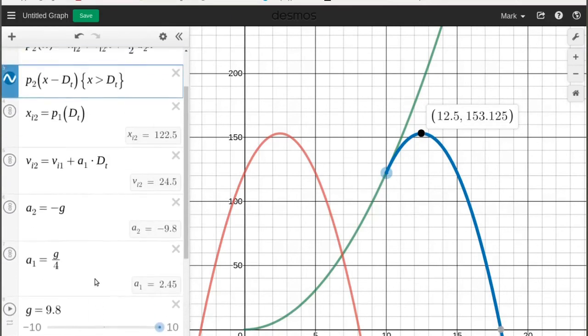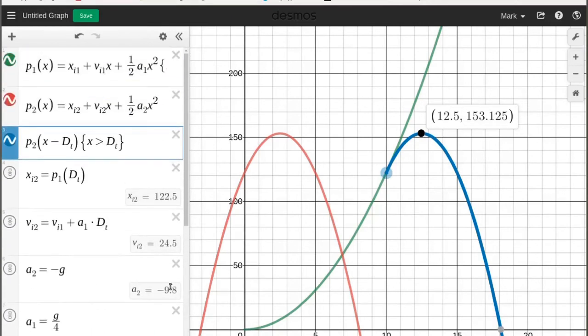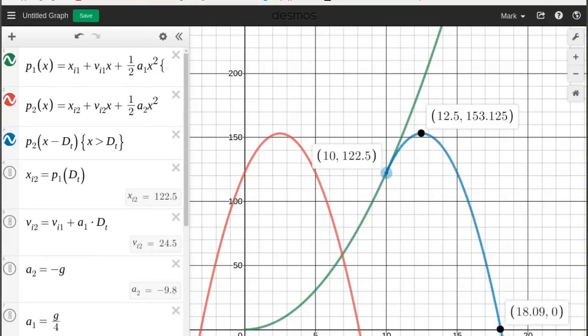So all of that there describes the position on the way up and the position on the way down. And you can see that if it took 10 seconds to get up to the spot where it begins to let go, it takes 18 seconds total to fall back down again, which is 8 more seconds after that moment.